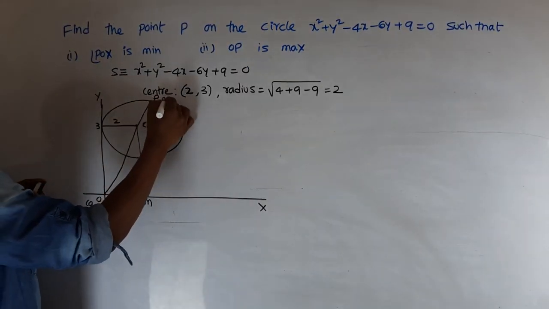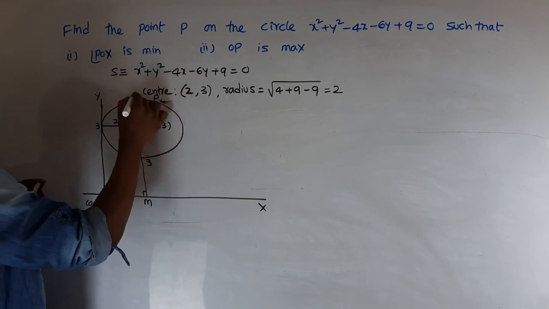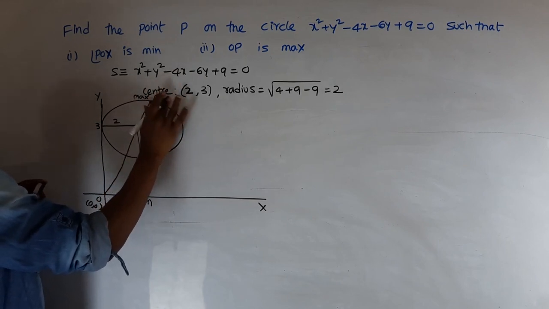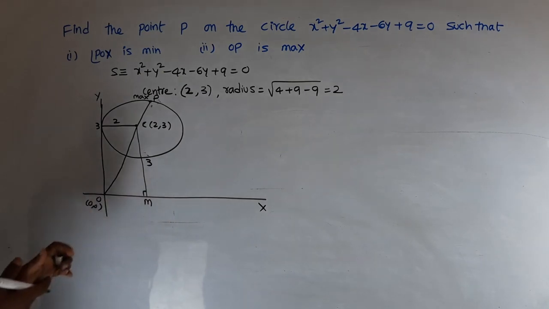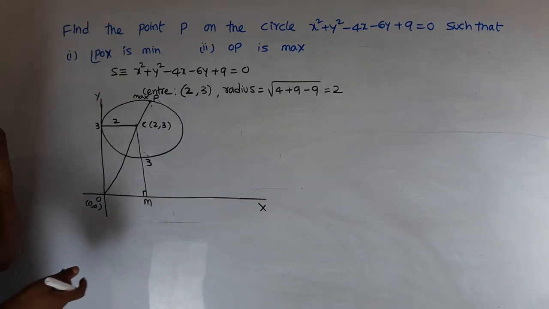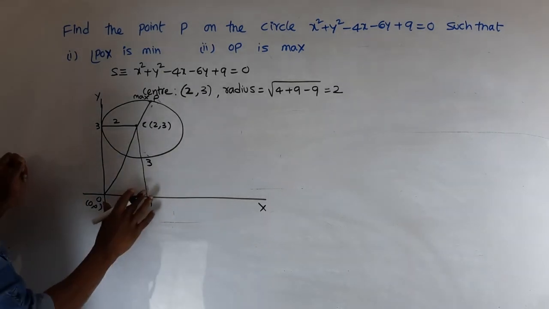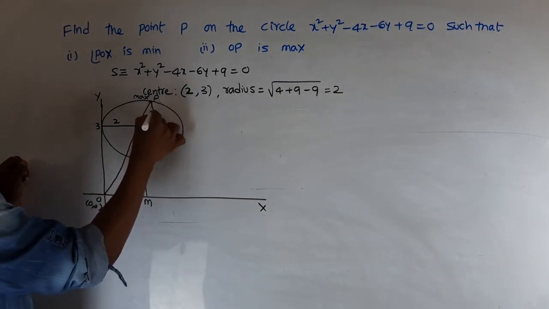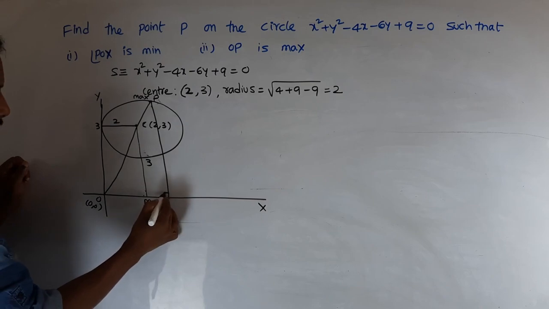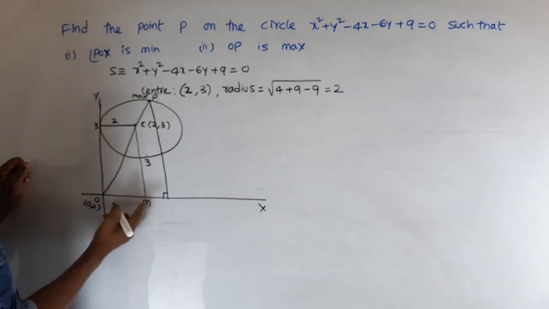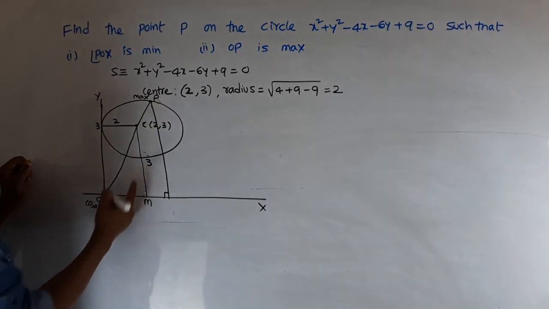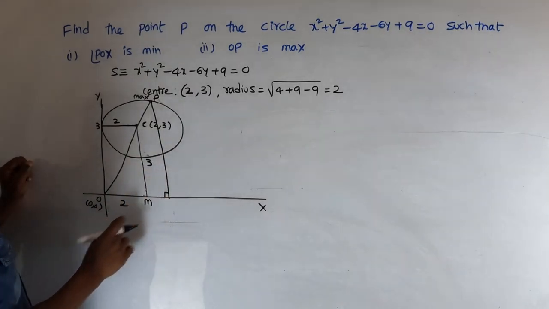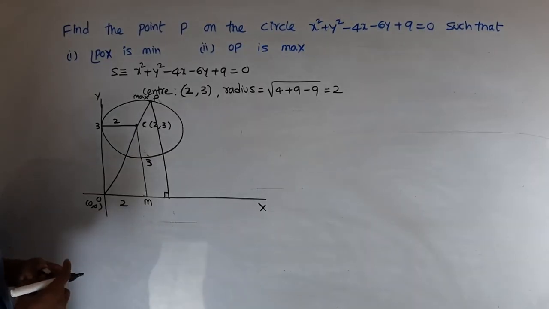Here OP is maximum. Draw a perpendicular to the x-axis. The length of OM is 2.